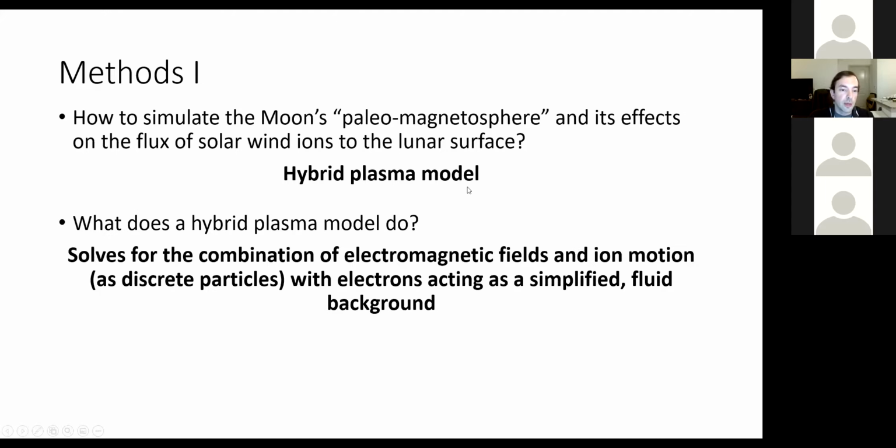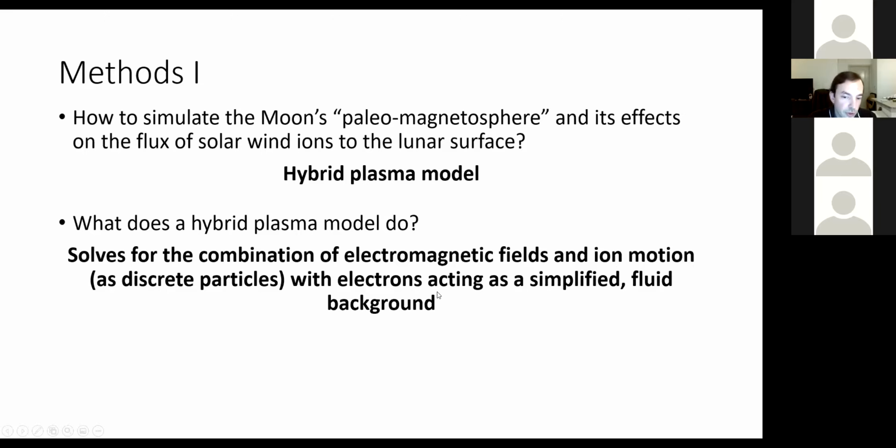And we used this thing called a hybrid plasma model. The hybrid plasma model makes some approximations to keep things stable numerically and to be practical. And so it treats the ion and electron motion differently. It treats the ions as discrete particles that it can track, but it treats the electrons as a fluid.